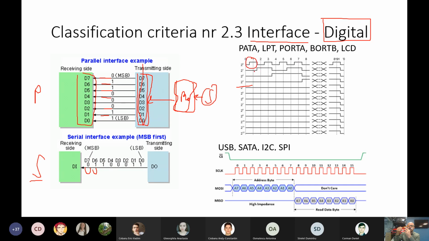Let's say this one can influence this wire, and it can be interpreted as logical 1 instead of 0. So we'll have noise and we'll lose data because data integrity will not be ensured anymore. On low frequencies, it's okay. We are sending 8 times faster, but raising the frequencies, we will have a problem with data integrity.